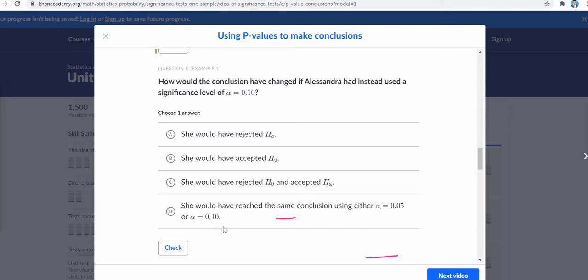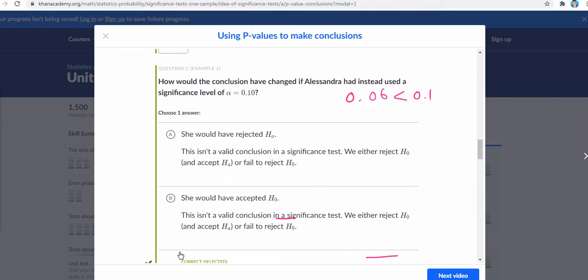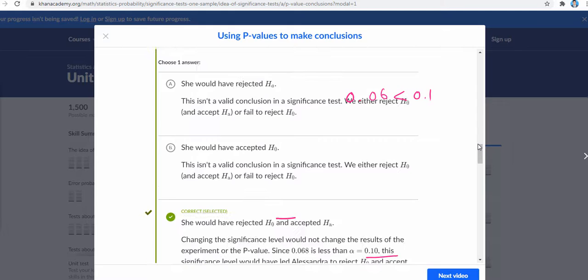No, at 0.1, because 0.068 is less than 0.1, she would have had to reject the null hypothesis and accept the alternative hypothesis. So it should be C, and that's correct, because the p-value is less than the significance level. When this happens, we have to reject the null hypothesis and accept the alternative hypothesis.